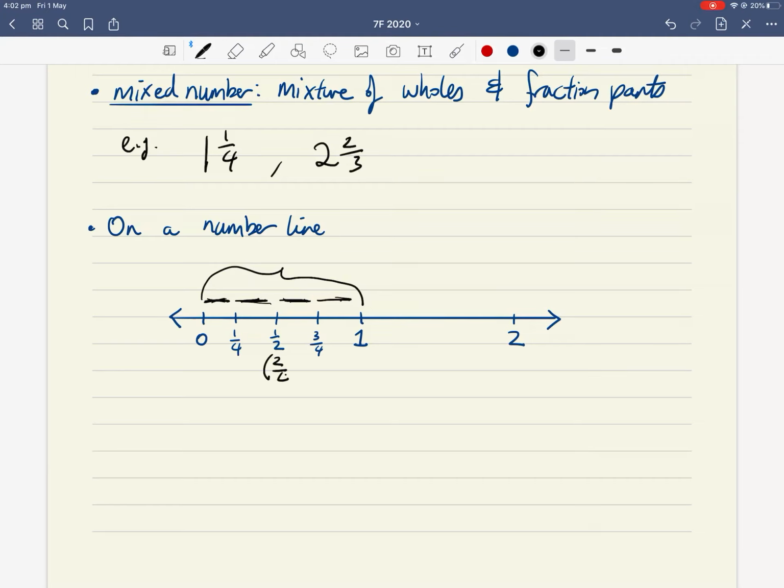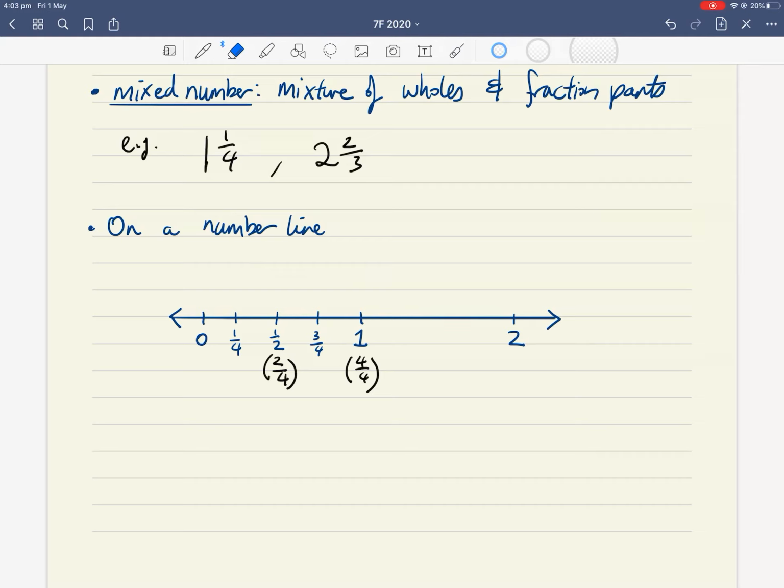Technically, this is 2 out of the 4 sections because you have moved 1 section and 2 sections. So 2/4 is technically the same as 1/2. And then you have 3/4. And then after 3/4, you have 4/4, right? If you have 4 slices of pizza, they combine to be 1 whole pizza.